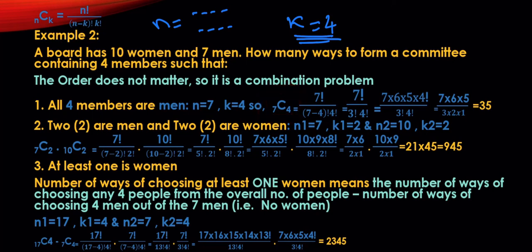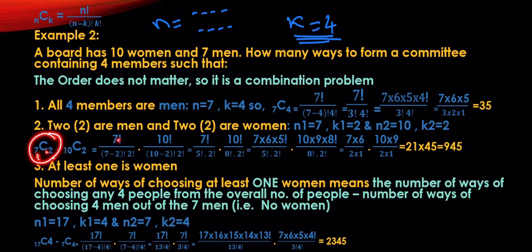It will be 7, the number of men, and you select 2 out of them, times 10, the number of women, and I select 2 of them. So this combination times this combination.